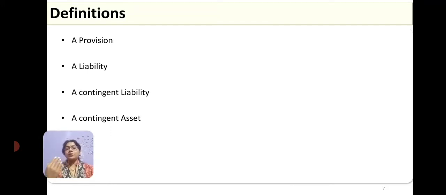We are trying to be prudent and conservative in the books of accounts, so we keep say 5% of our debtors as a provision. They may become bad debt or they may not, but right now we want to keep some aside to play safe. That is called provision for doubtful debts.